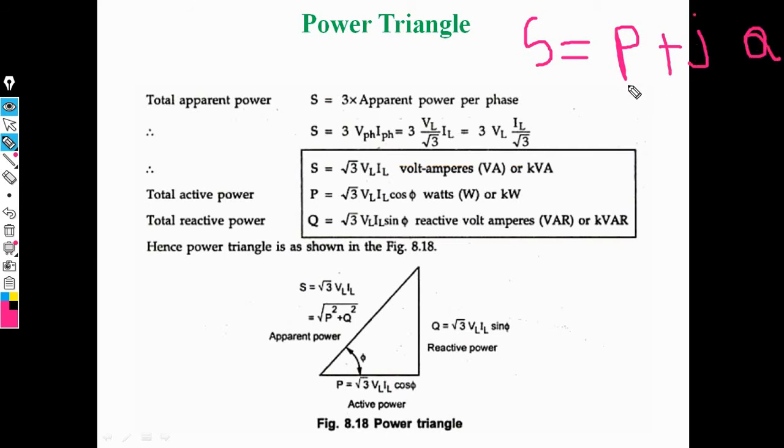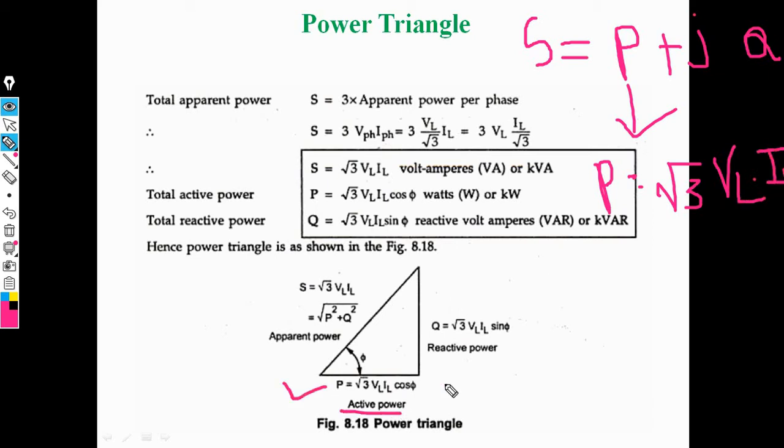The formula for active power is P equal to root 3 VL IL cos phi. It is called active power. Then reactive power Q is equal to root 3 VL IL sin phi. P indicates active power and Q indicates reactive power.